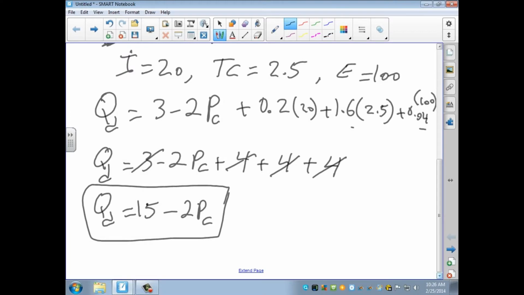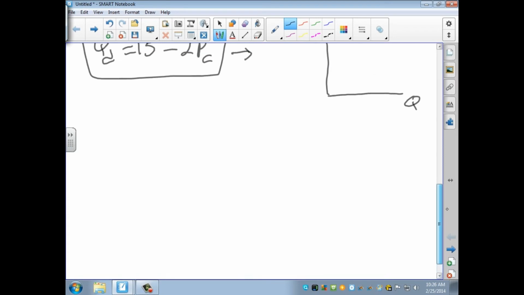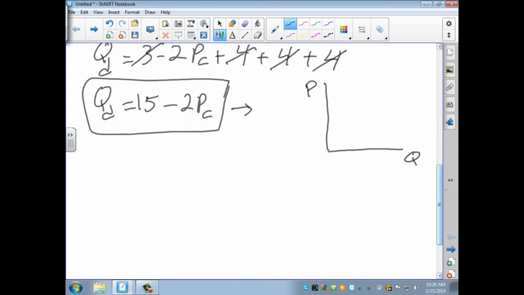By the way, if we want to graph this function, since in our functional relationship we always put quantity on the horizontal axis and price on the vertical axis, we have to solve this for the price. We have to solve this function for the price.